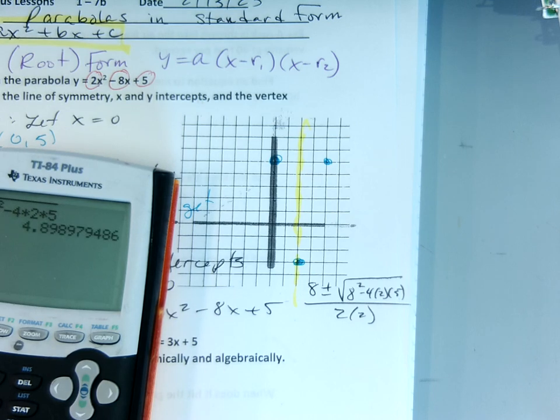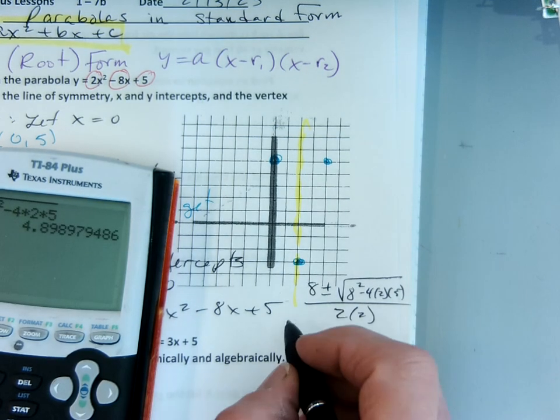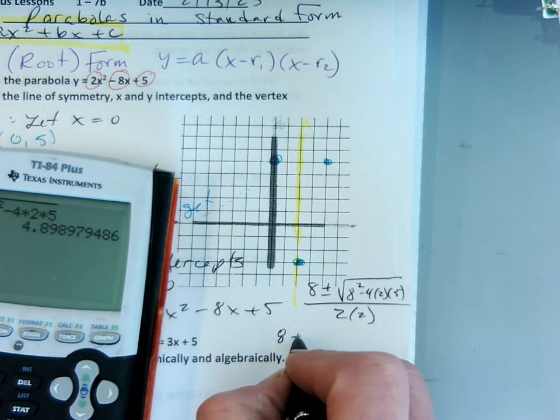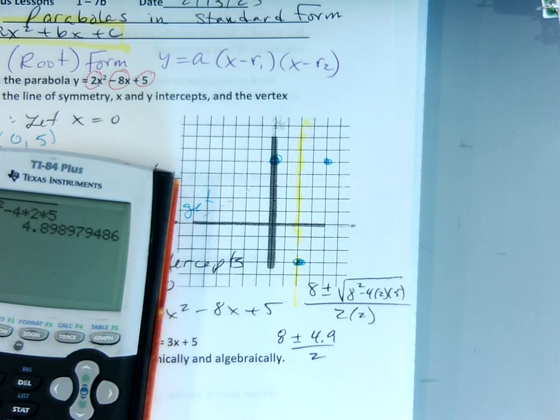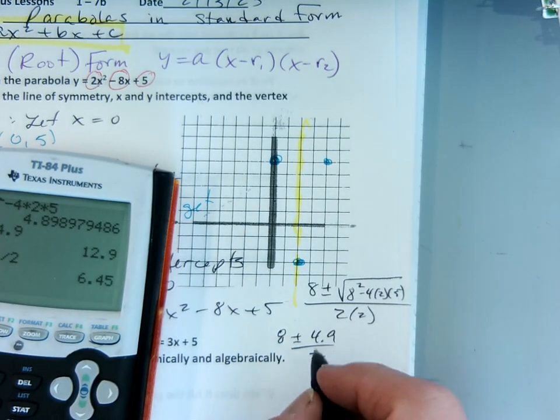And so then I've got 8 plus or minus the square root of 24, which is about 4.9, over 2. I just did the quadratic formula. What a pain. Oh well, I can do it. So 8 plus 4.9 divided by 2. One answer is 6.45.